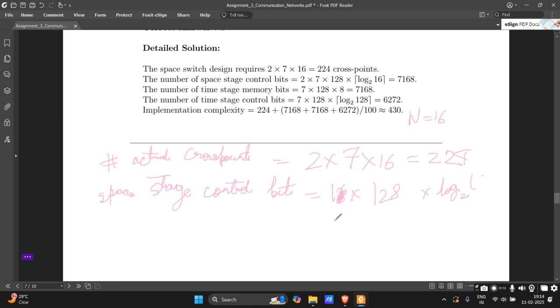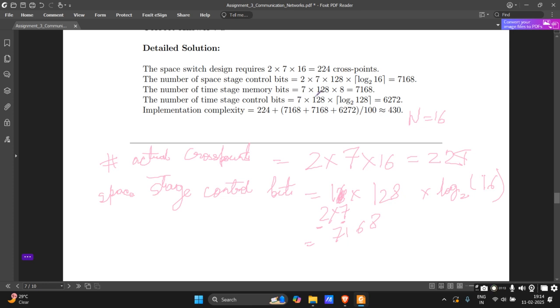Okay, so this is not 2, this is 2 into 7. Why 2? Because there are two space switches, and there will be 7 because there are k switches. So 2 into 7 into log base 2 of 16. So this will be around 7168.